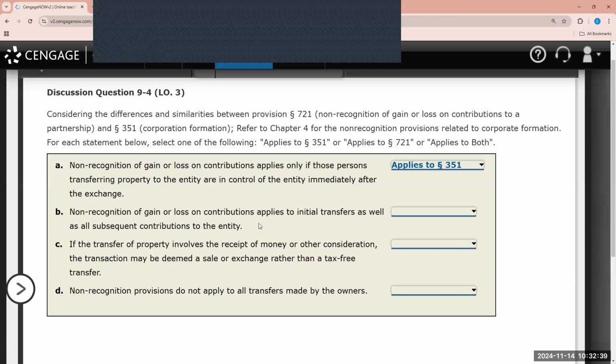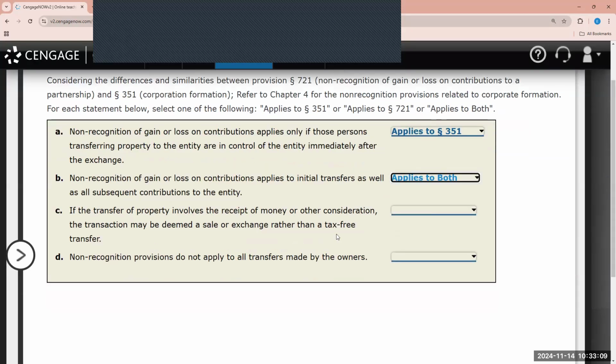And section 721 provides as a general rule that neither the partner nor the partnership recognizes any realized gain or loss that results whenever the partner contributes property to the partnership. This applies when the property is contributed in exchange for partnership interest upon formation, or if the contribution occurs at a later date. Hence, for B, this applies to both section 351 for corporations, and section 721 for partnerships.